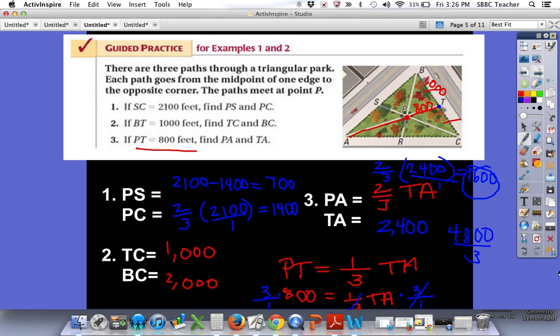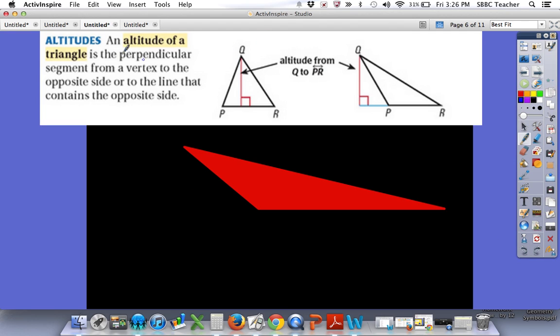Okay, now we've gone over medians. Now we're going to go over altitudes. An altitude of a triangle is the perpendicular segment from the vertex to the opposite side or to the line that contains the opposite side. So if you look at this triangle QPR, from Q, if you just go straight down and make it perpendicular to the side that Q is opposite from, that is the altitude.